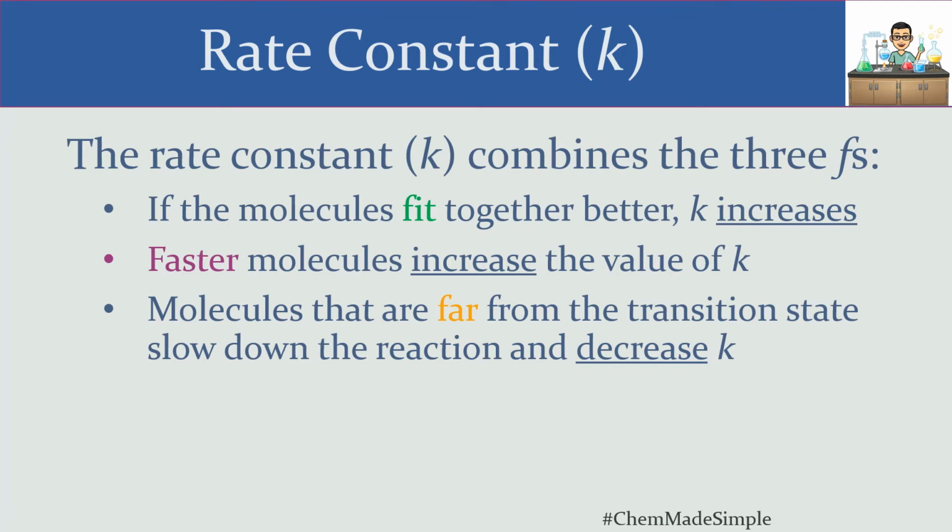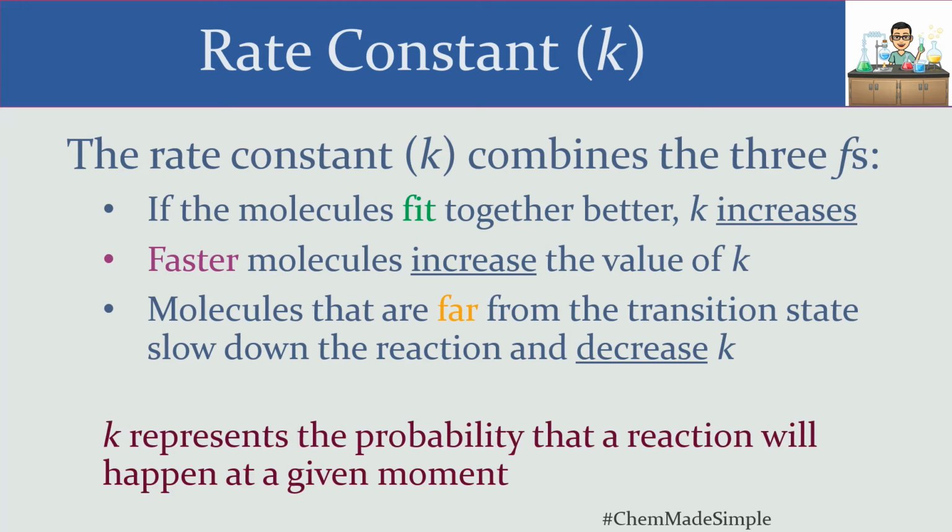Having molecules that are very low in energy and very far from the energy necessary to reach the transition state is going to slow our reaction down. And if you remember, molecules with low energy are also more stable. So stable reactants are going to be much slower in producing products than unstable reactants.